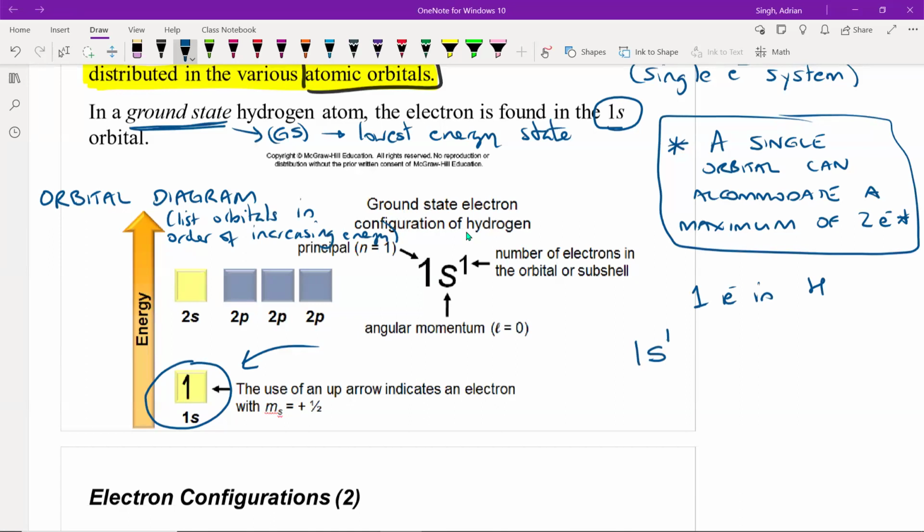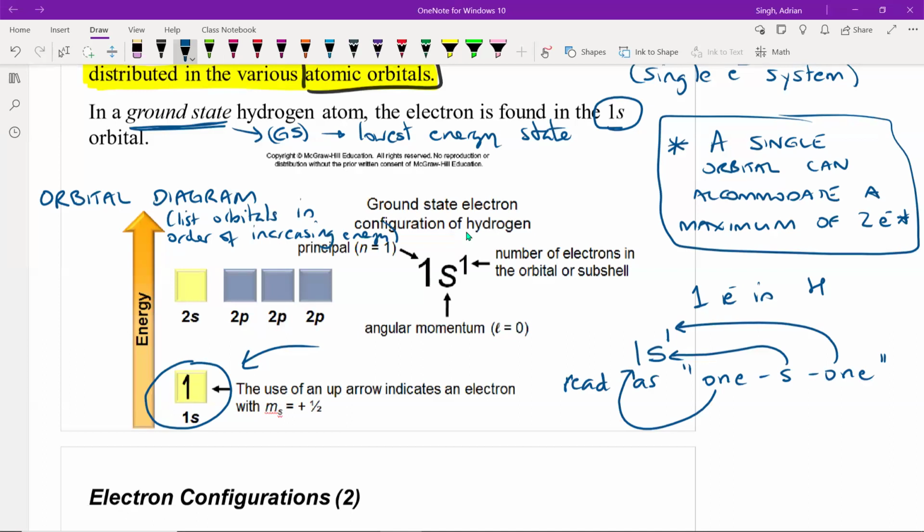The way that you would read this is as follows: you'd read it as 1s1. Okay, so the notation, the lingo, is very important. The 1 here refers to this number, the s obviously refers to the letter, and then the 1 at the end refers to the superscript.